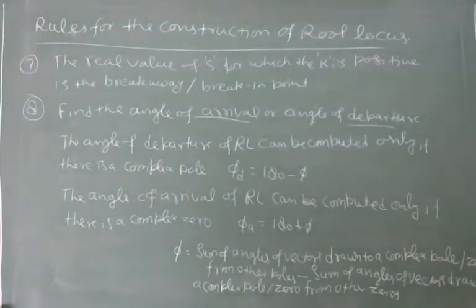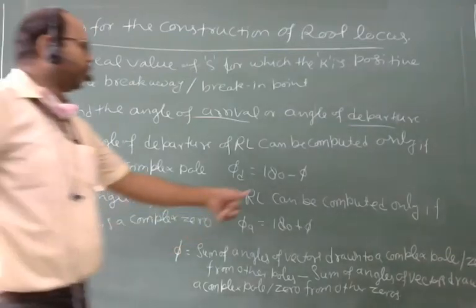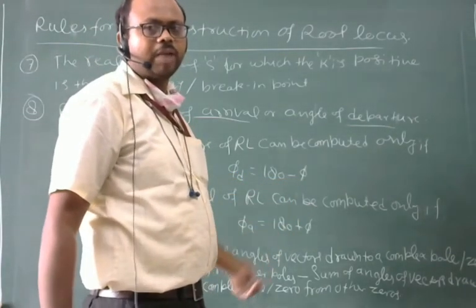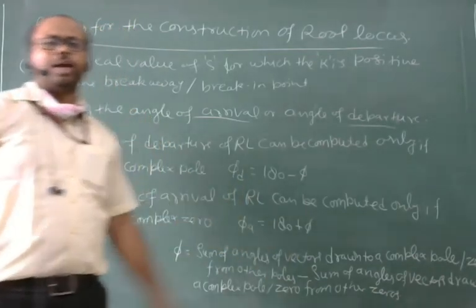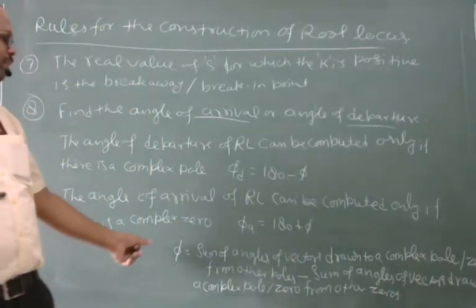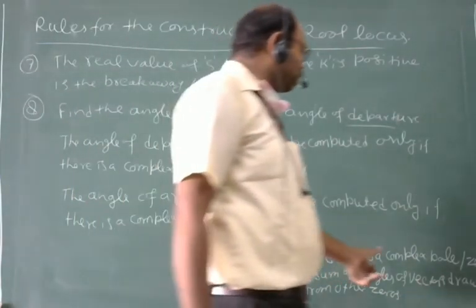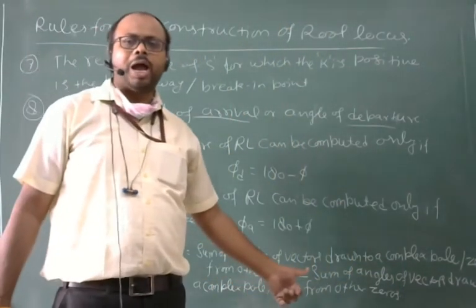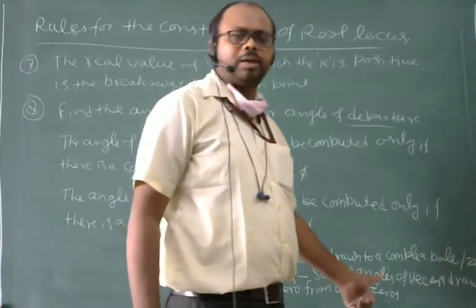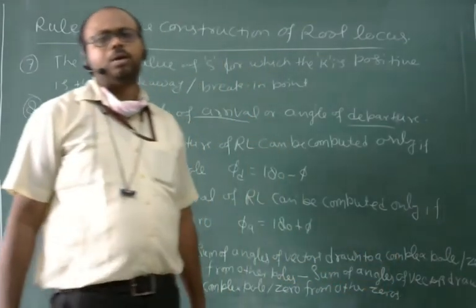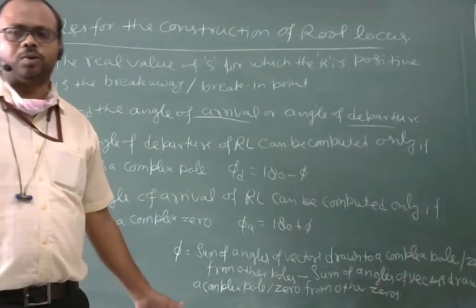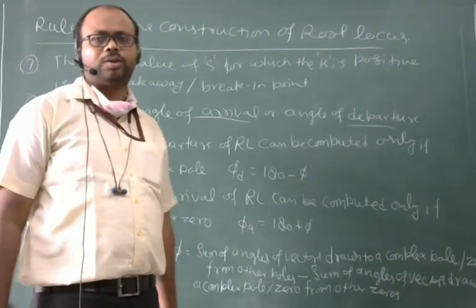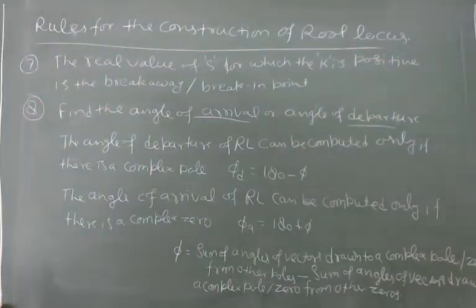The angle of departure is 180 degrees minus phi, and the angle of arrival is 180 degrees plus phi. And phi is the sum of angles of vectors drawn to a complex pole or zero from other poles minus the sum of angles of vectors drawn to a complex pole or zero from other zeros. Right?